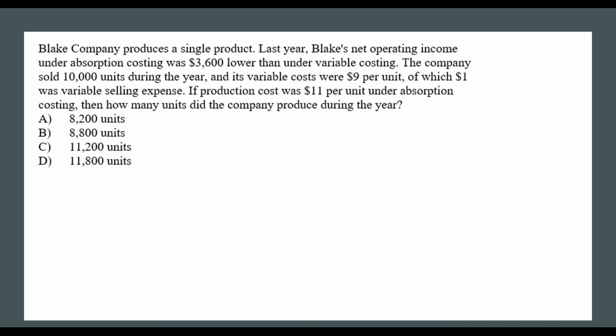If production cost was $11 per unit under absorption costing, then how many units did the company produce during the year? Is it letter A, 8,200 units? Letter B, 8,800 units? Letter C, 11,200 units? Or letter D, 11,800 units? So I'll be giving another 10 minutes, guys.